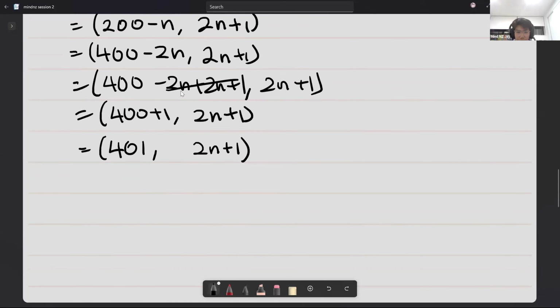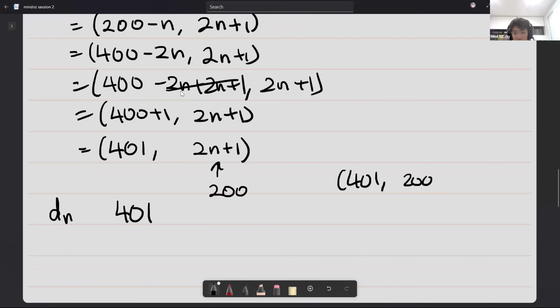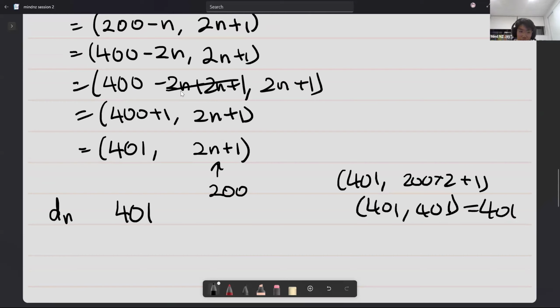So the biggest that dn can be would be 401. And we can actually get that when n is 200. Because then we get 401 and then 200 times 2 plus 1, which is 401. So the largest that dn can be is 401.